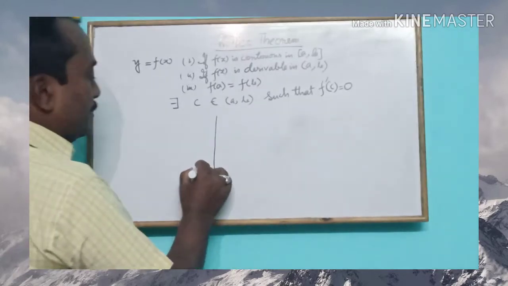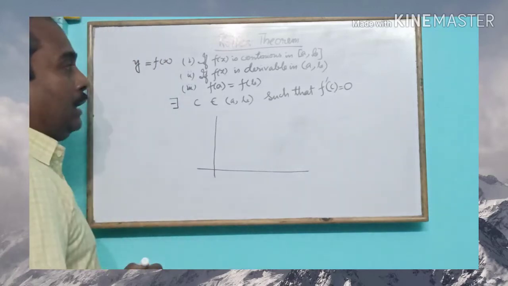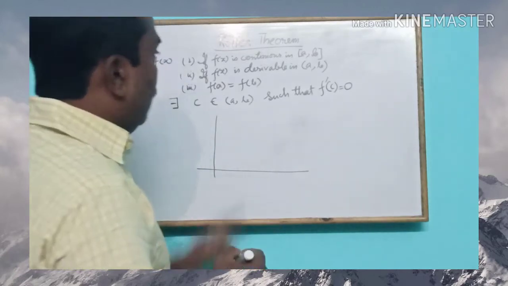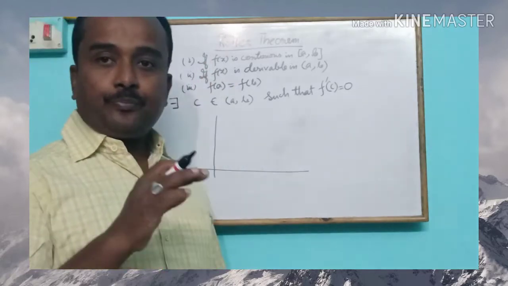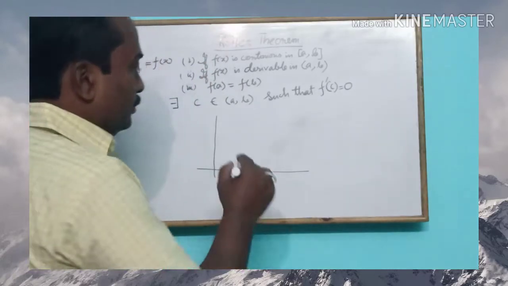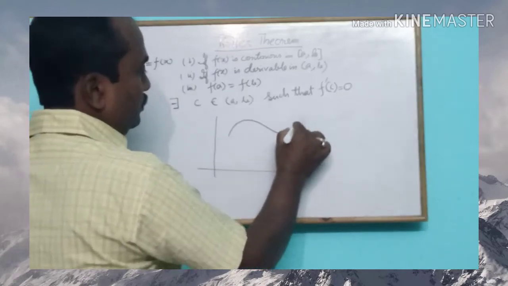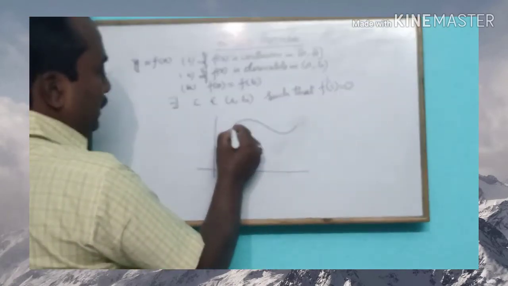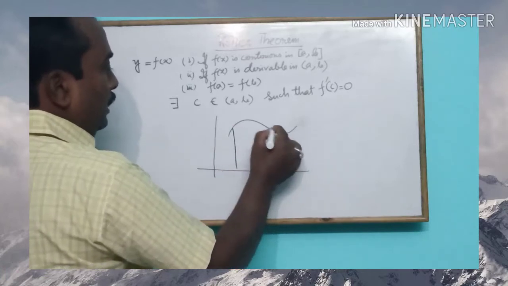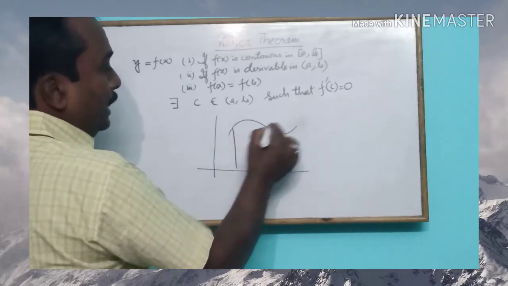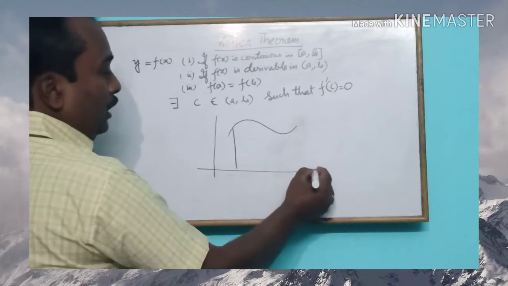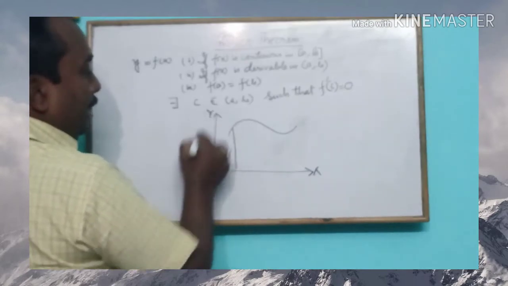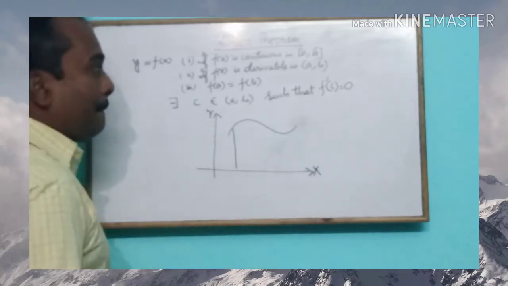Continuous means the graph or the curve of the function f(x) will be continuous. That means we will get a continuous curve in between the interval A and B.